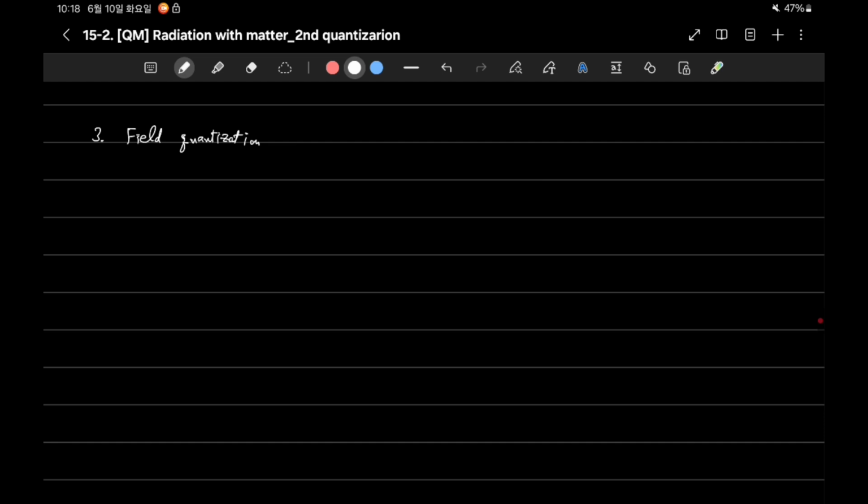The interacting Hamiltonian is quantized, but in field quantization the Hamiltonian itself should be quantized. Actually, first quantization is the energy quantization, and energy quantization means that the Hamiltonian should be quantized.